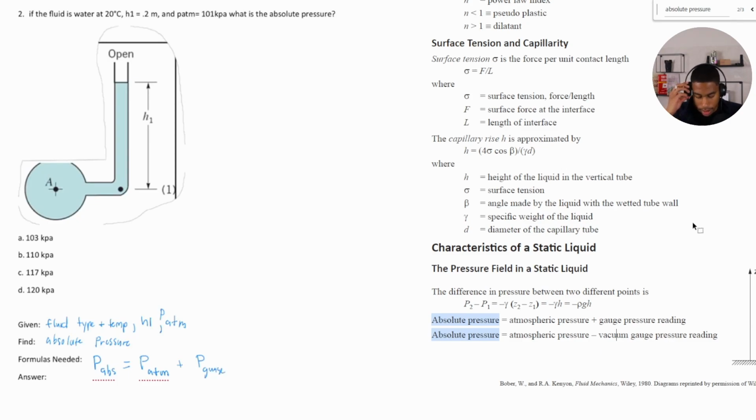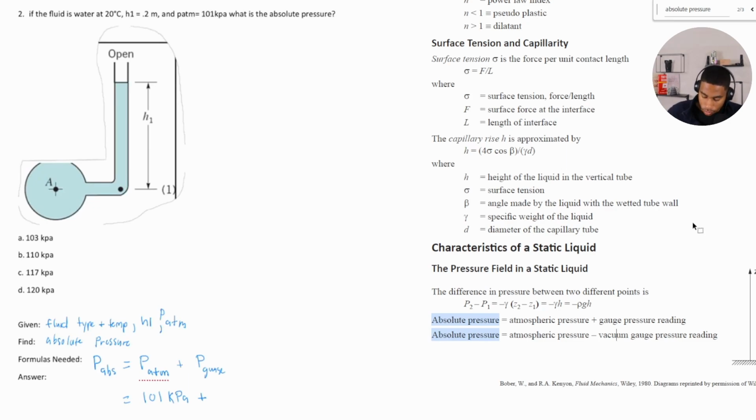And the pressure from the gauge is going to be, or what is our atmospheric pressure to start? So should be equal to 101 kPa.